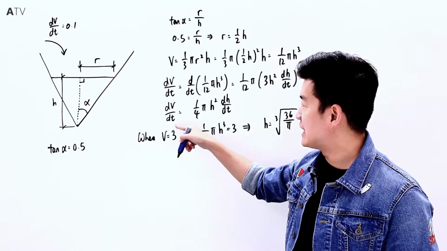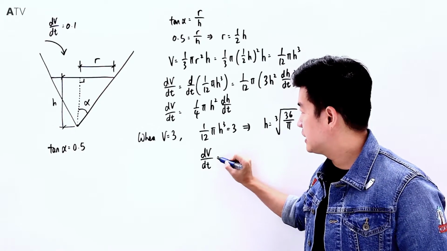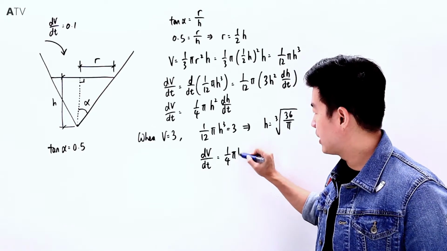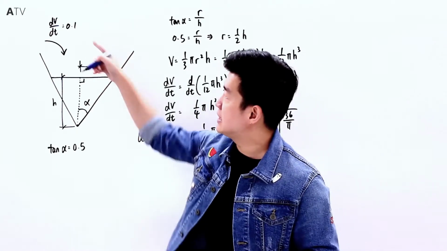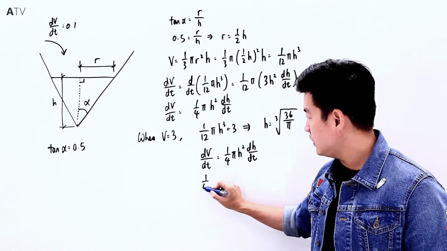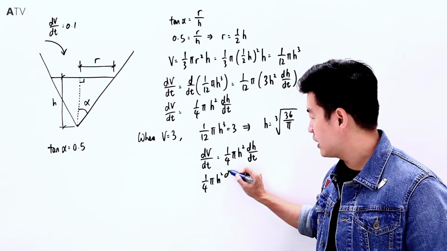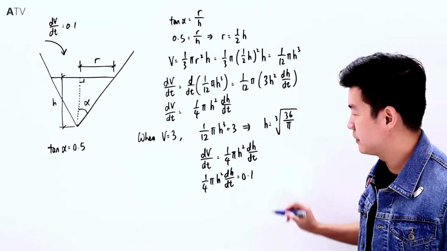Since we know that dV/dt is equal to this, let me quote it here once again. dV/dt is equal to 1/4 pi h squared dh/dt, and dV/dt is a constant 0.1, which means that 1/4 pi h squared dh/dt is equal to 0.1.